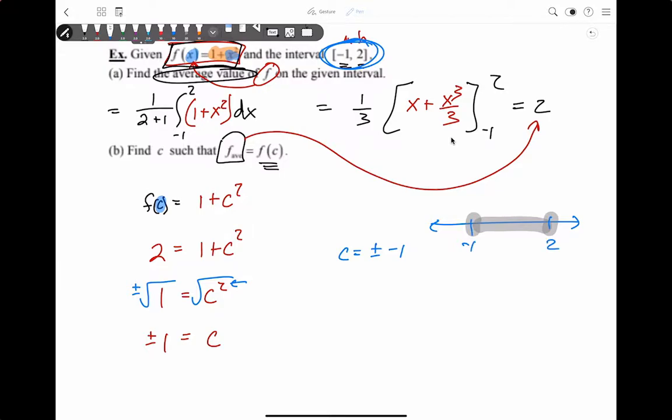Because it is in between, so parentheses, not brackets. It's not including these, it's in between, okay? So we're going to say that c is equal to 1 is going to be the answer there, okay?